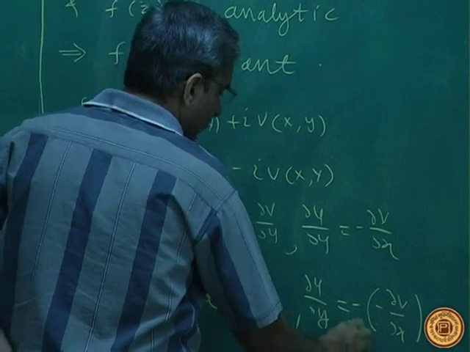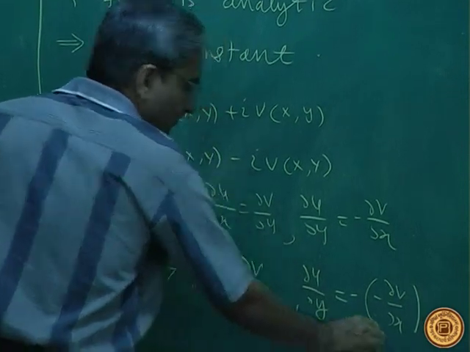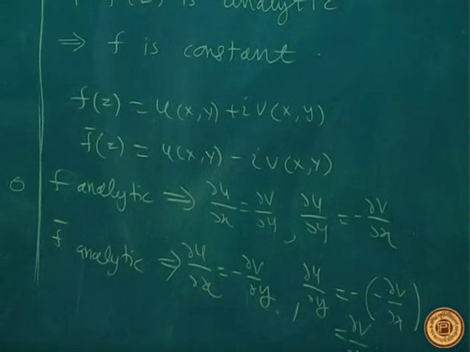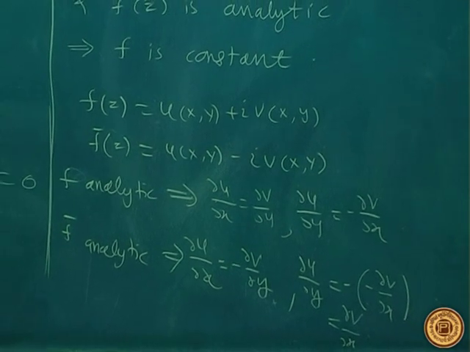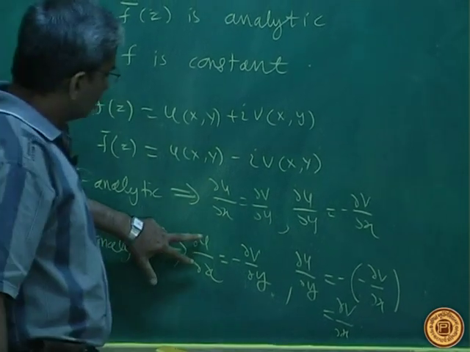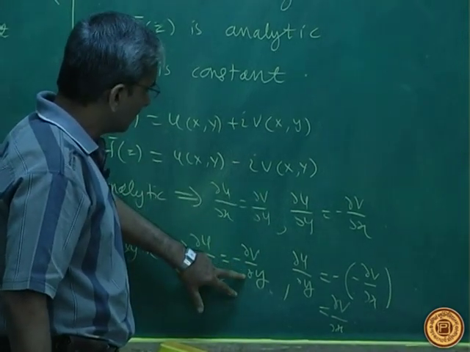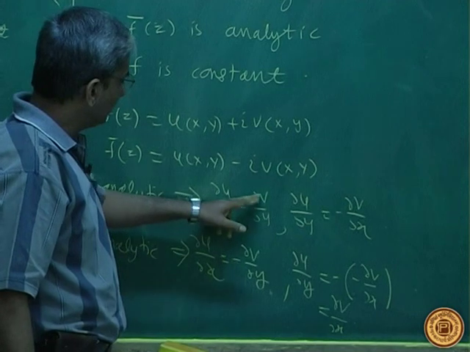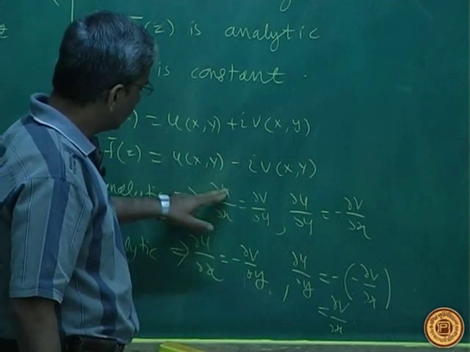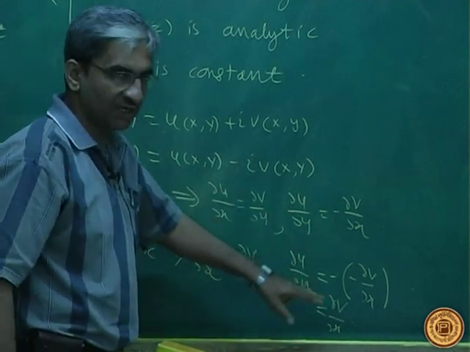So this is plus ∂v/∂x. So ∂u/∂x is on one hand ∂v/∂y, which is minus ∂v/∂y. So ∂v/∂y is 0. That means ∂u/∂x is 0. Similarly, other two are 0.